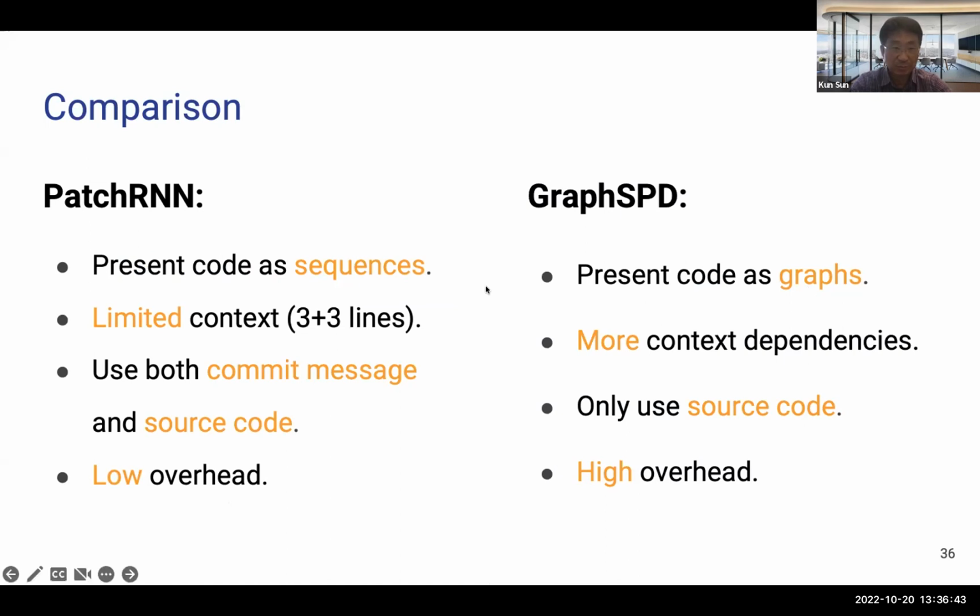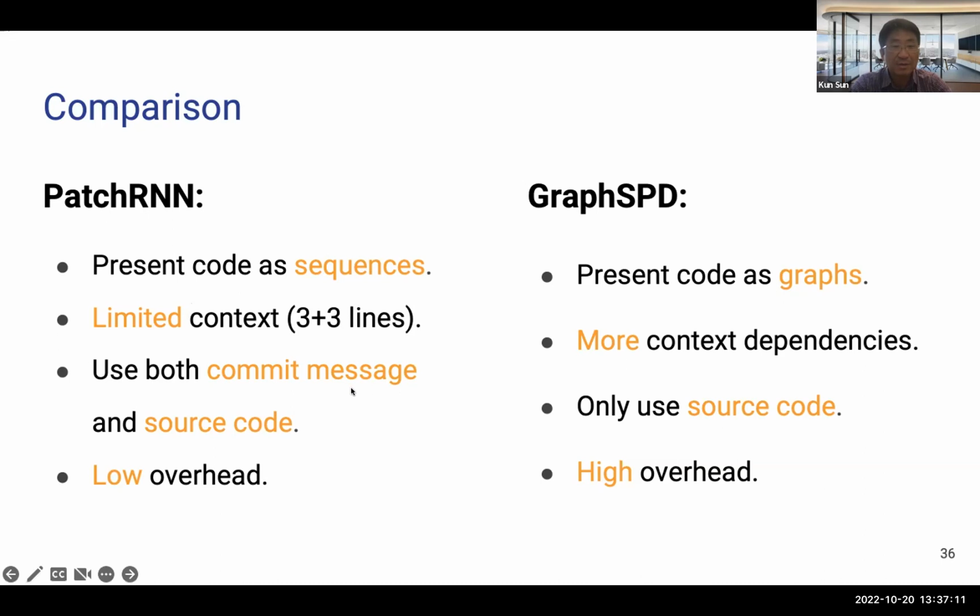PatchRNN only considers sequences with limited context, with 3 lines above and 3 lines below the changed code. And GraphSPD considers more context dependency because it includes the data dependency and the control dependency, right? This could be code far away from each other.